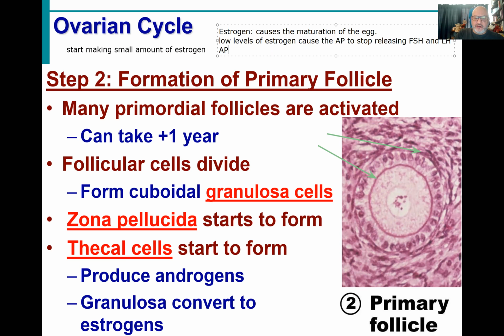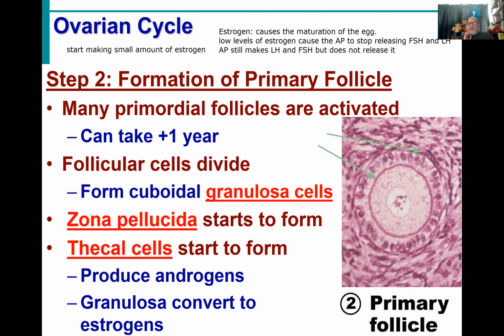The anterior pituitary still makes luteinizing hormone and follicle stimulating hormone, but does not release it. All right. You say with low levels of estrogen. Yes, low levels of estrogen cause this.